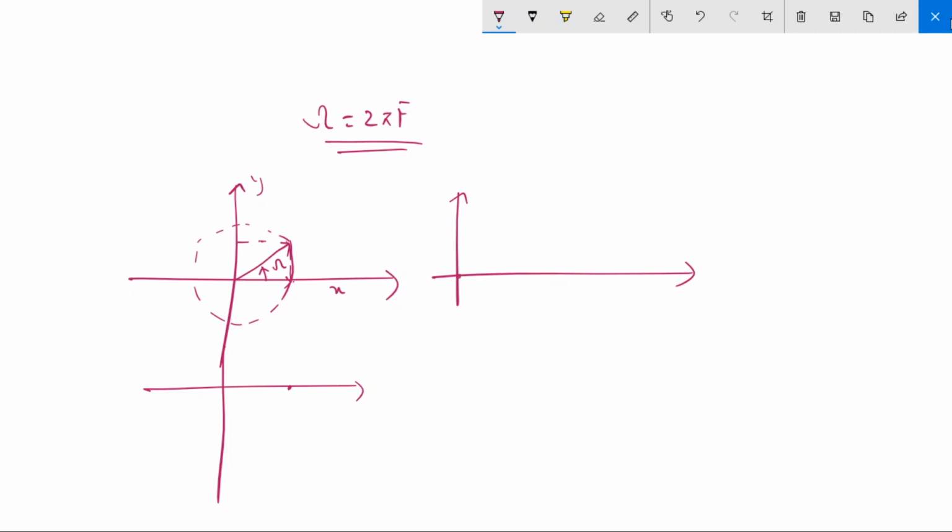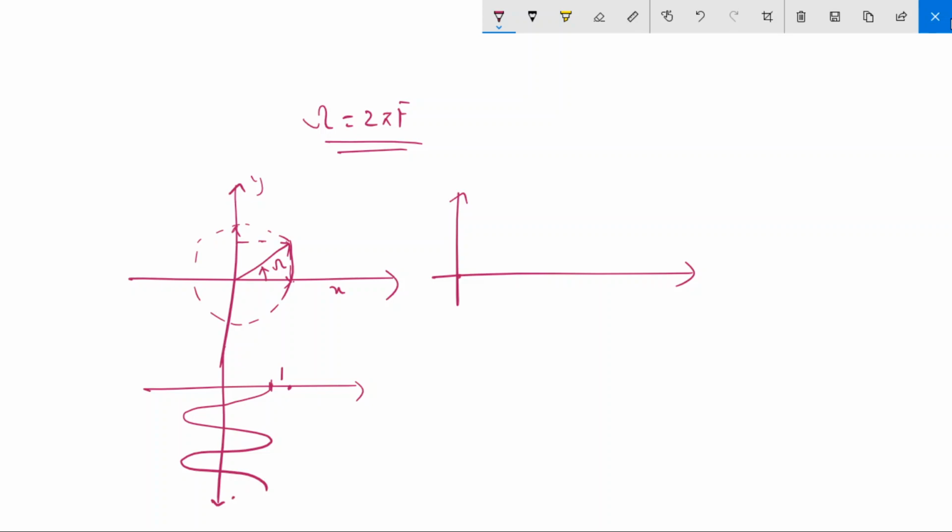As this phasor rotates, the magnitude of its x component will start decreasing till we reach pi by 2. At pi by 2 the y component becomes maximum, and the x component becomes 0. It means the cosine function starts from 1, starts decreasing like this, then goes like this and so on.